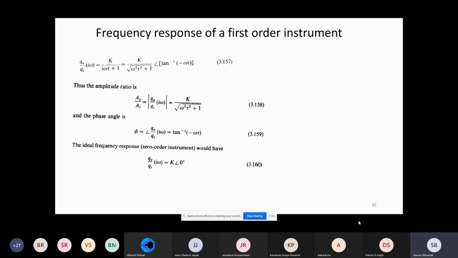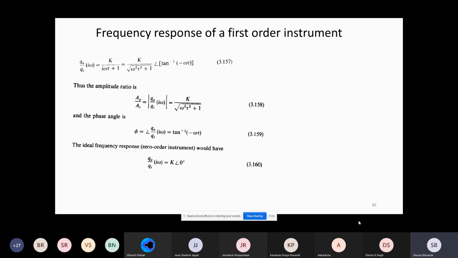Try to listen carefully. Suppose you are giving some sinusoidal input, a sine wave or a cos wave, to any measurement system, say a first order measurement system.